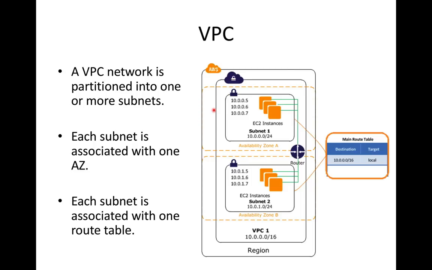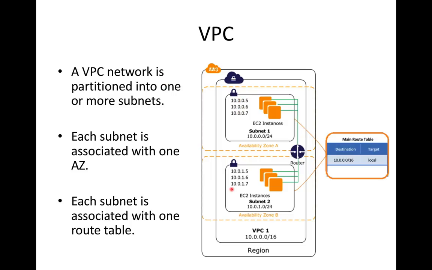So I mentioned earlier that a VPC can be further partitioned into multiple subnets. We assign a private network range when we create our VPC, and we can take that private network range and further partition it or break it down into multiple subnets.